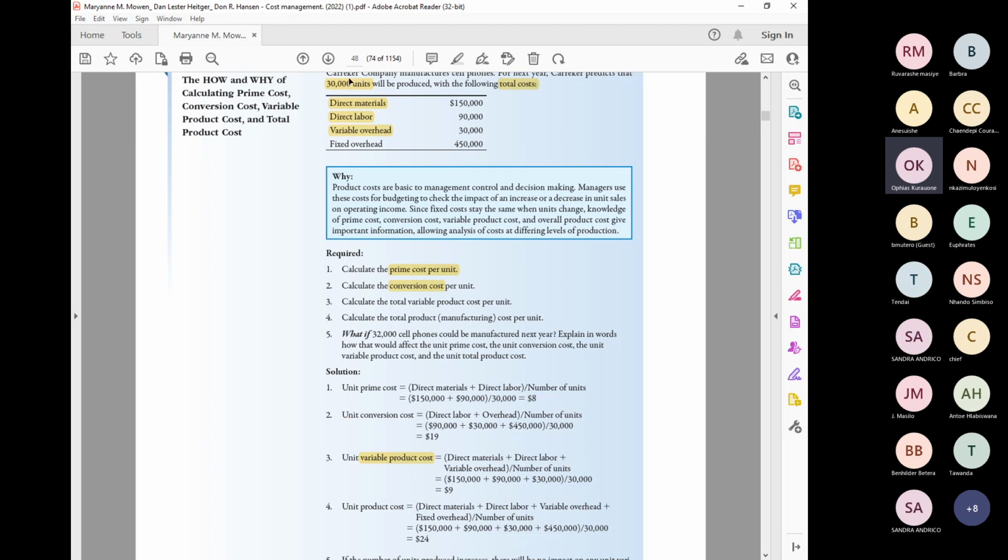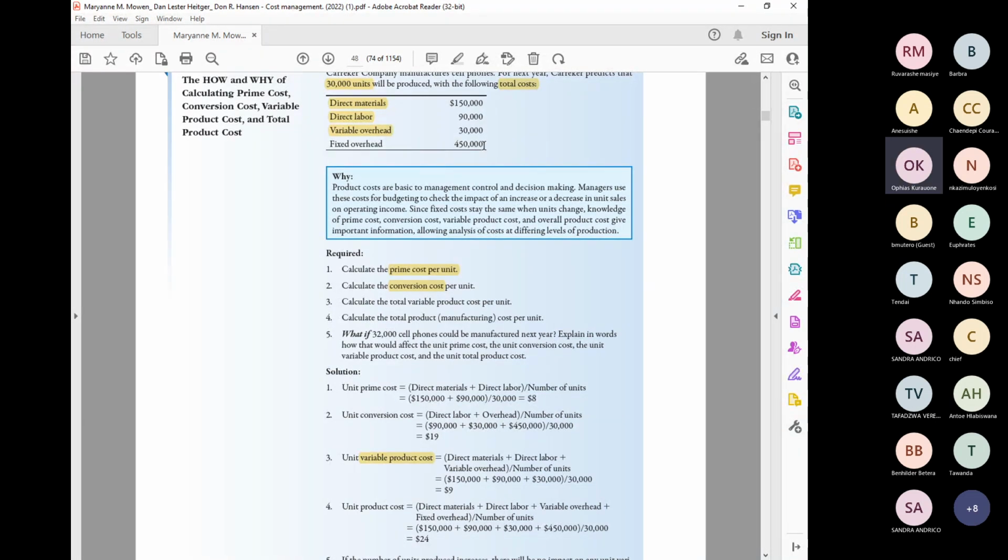That is $3 per unit, which means that for producing any unit, you need $3. Direct materials per unit is 150,000 divided by 30,000. That is the direct material per unit. Are we together? Then variable overhead is 10,000 divided by 30,000 per unit. This means it's $1 per unit.